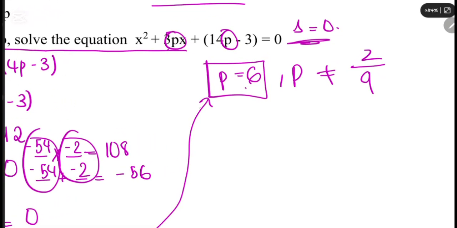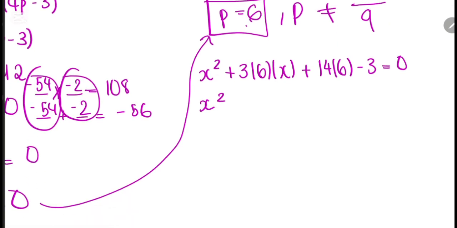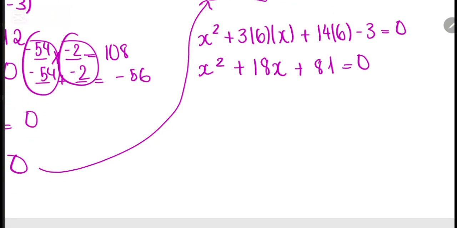Alright, so you have x squared plus 3 times 6 times x plus 14 times 6 minus 3 equals 0. Expand all of your brackets and simplify terms until you get a quadratic like this. Let me just check if you can factor this real quick.